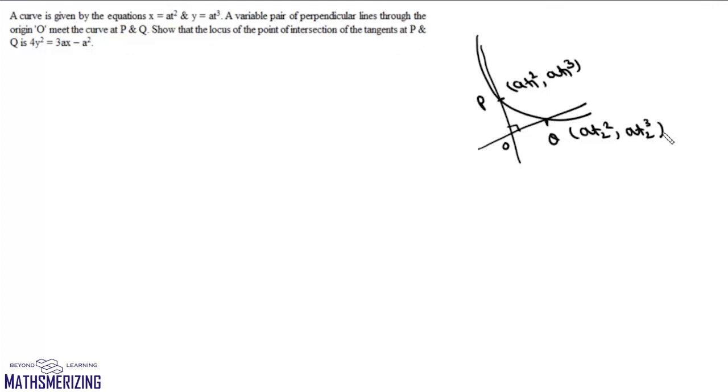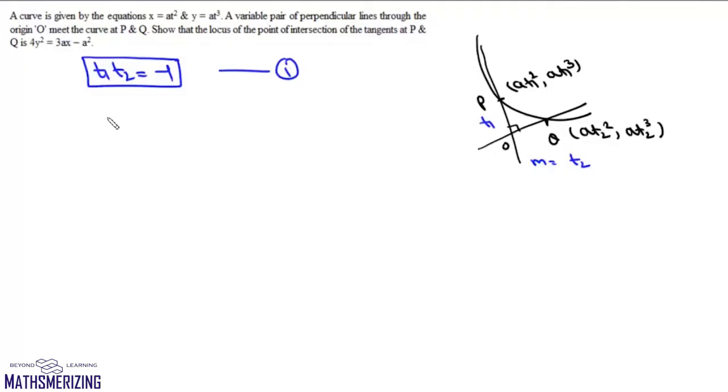Now first, these two lines are perpendicular. What is the slope of OQ? The slope of OQ is t2 and the slope of OP is t1. Since they are perpendicular, we can write t1 into t2 is minus 1, and that's our first equation.